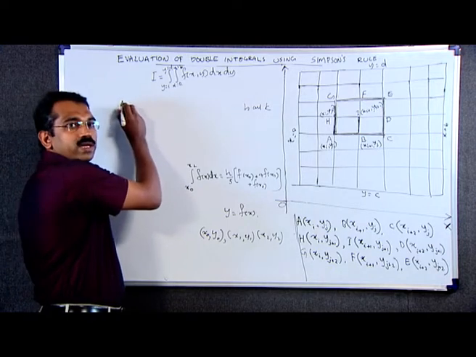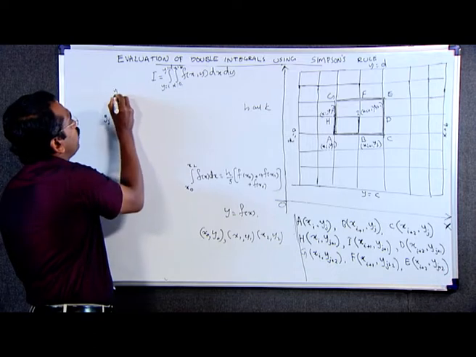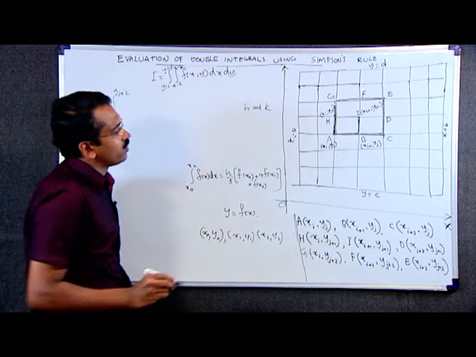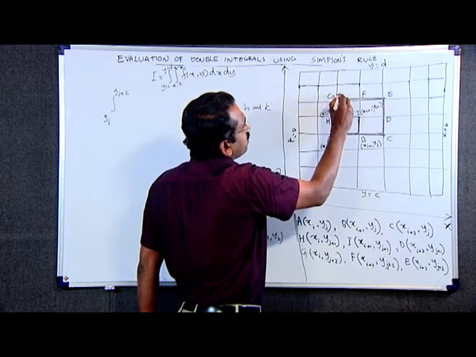Therefore, we can write integral from yj to yj plus 2. This is yj, here yj plus 1, and yj plus 2. This is the point xi.